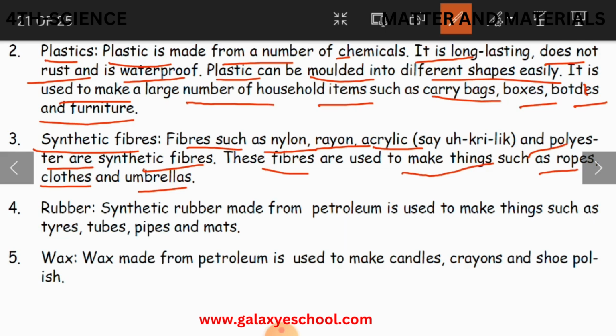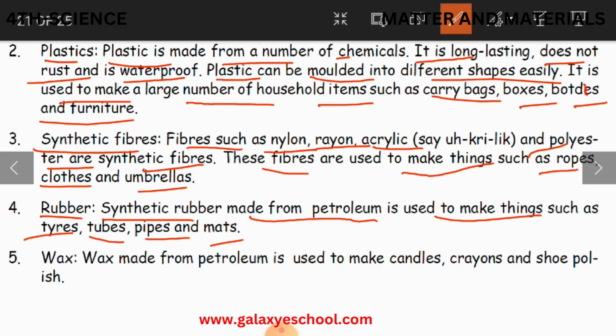It is used to make things such as tires, tubes, pipes and mats.